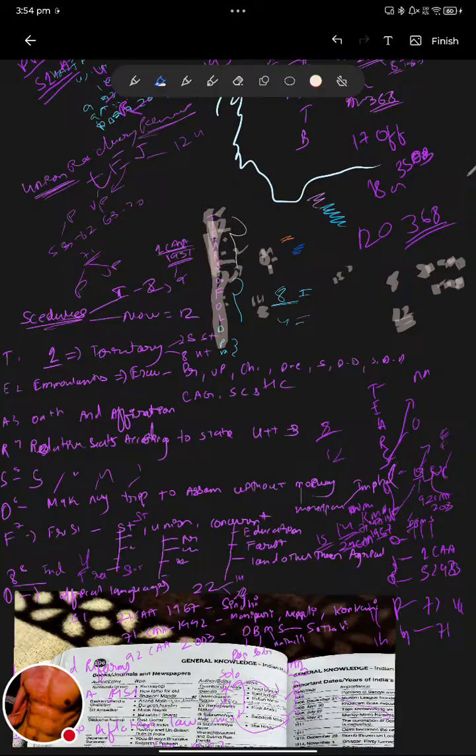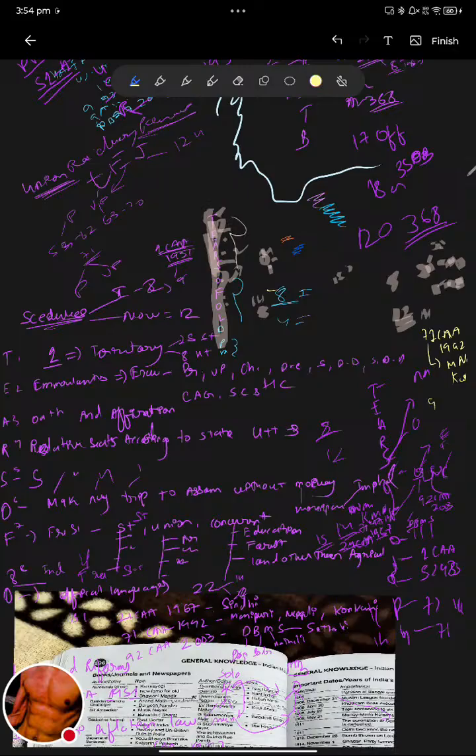Then Sindhi was added, and here Manipuri. And in the 71st Constitutional Amendment Act of 1992, they added Manipuri, Nepali, and Konkani.